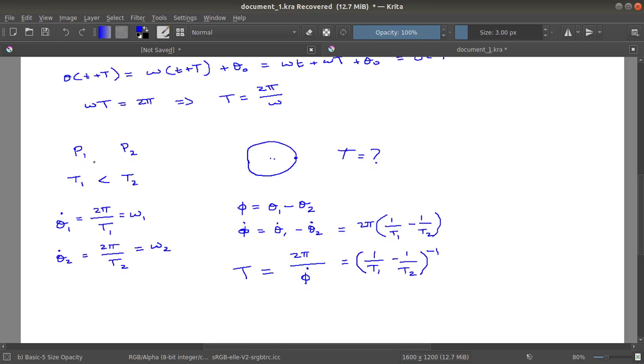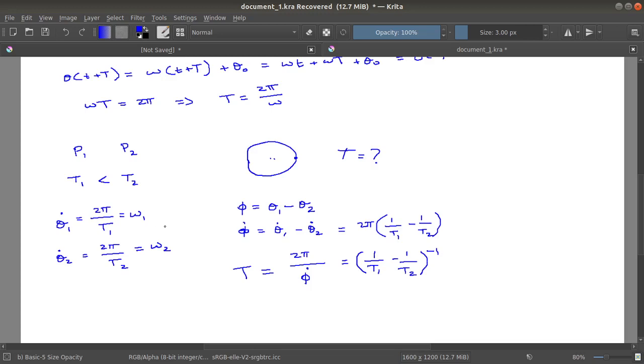Maybe P1 will slow down a little and P2 will try to catch up with P1. When he slows down and when he catches up depends on the gap between these two people, which is phi.